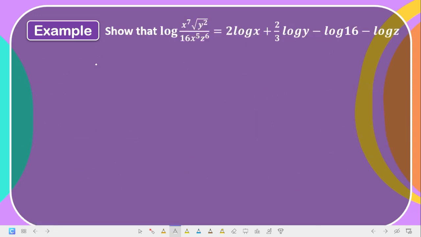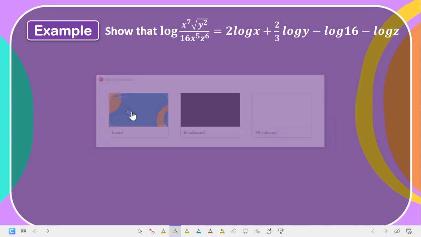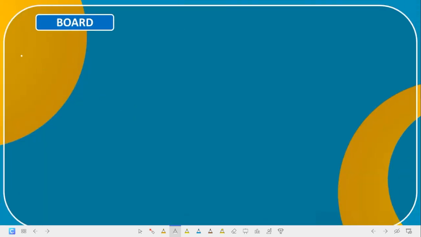Now the next question says, show that log this whole thing is equal to this. Now this is logarithm. And then the laws of logarithm that we are going to take cognizance of are these ones. Now, the laws of logarithm says that if you have log of a times b, this is the same thing as what?